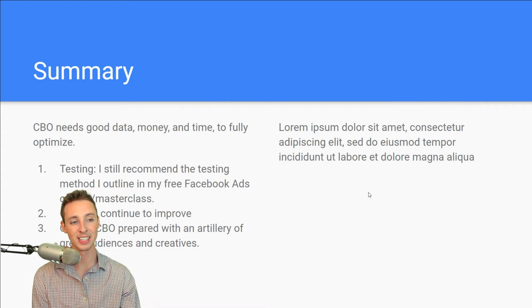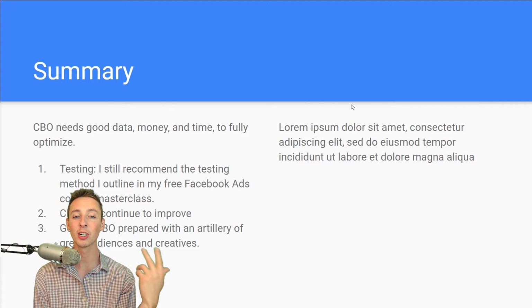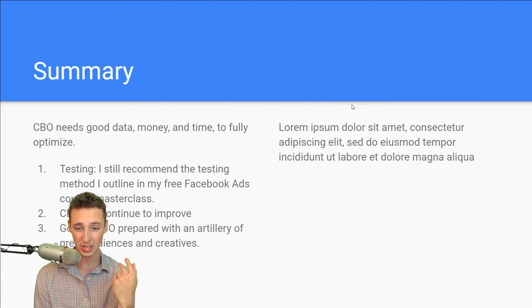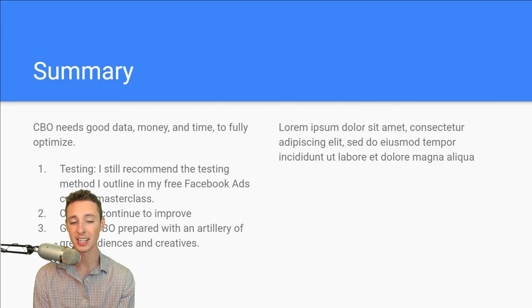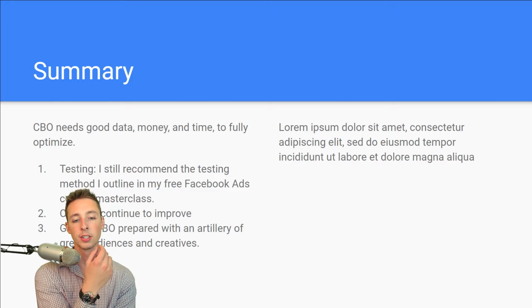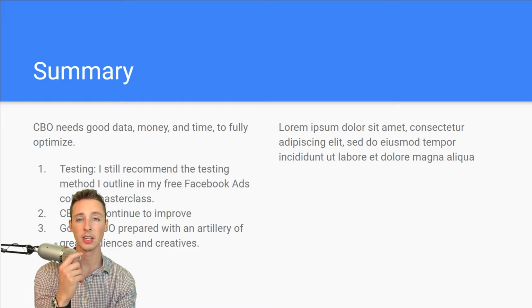Sorry, I just noticed I left this text over here, but CBO will continue to improve. It's artificial intelligence, it's machine learning. Everything's moving that way, and there's a reason that Facebook pushed it back. I don't think they had complete confidence in their software yet, so it's going to get better. Next, go into CBO prepared with an artillery of great audiences and great creatives, and you'll find success with CBO. And that's really all there is to it.